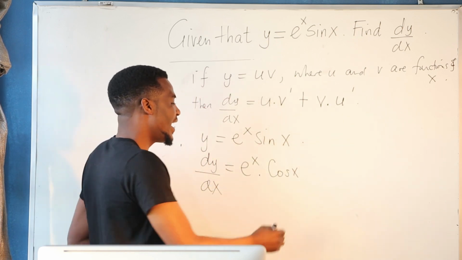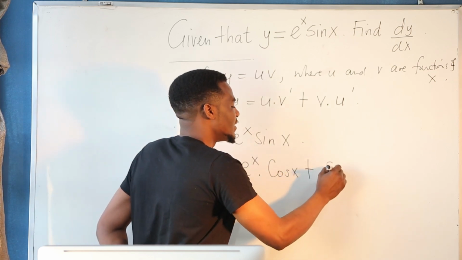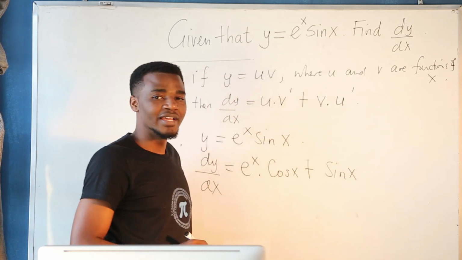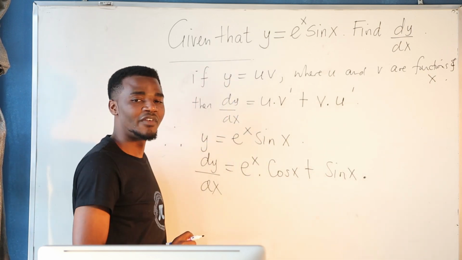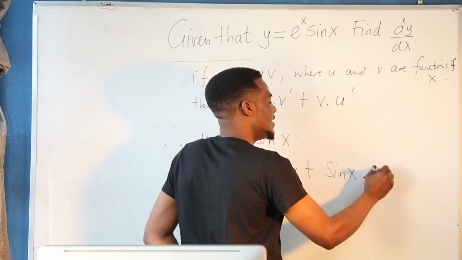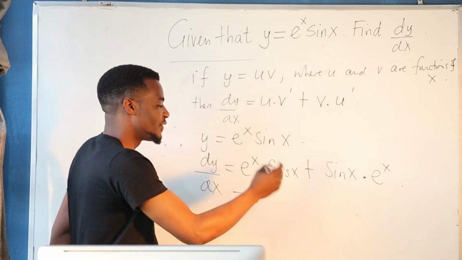And then we add, and in the next part we keep the second function, which is sine x, and multiply by the derivative of the first function, in this case e to the power of x. So the next thing, we have to simplify this.